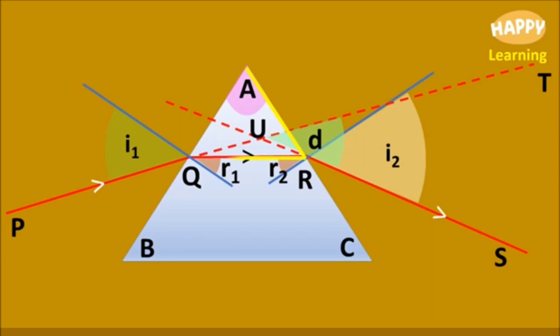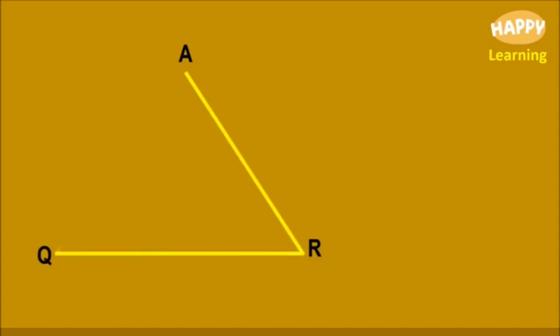Now, observe this triangle ARQ and the interior angles 90 minus R1 and 90 minus R2. Let us have a close and clear look. Triangle ARQ. Angle at A is A only.